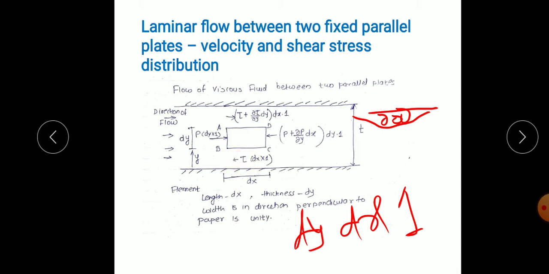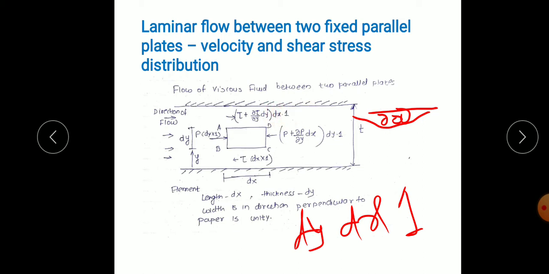The shear stress on BC acts opposite to the flow, and tau plus ∂tau/∂y dy acts in the opposite direction on the other face. So there are two shear stresses acting on the faces, tau dx into 1 opposite to the flow direction, and in the flow direction the shear stress is tau plus ∂tau/∂y dy into area dx into 1.